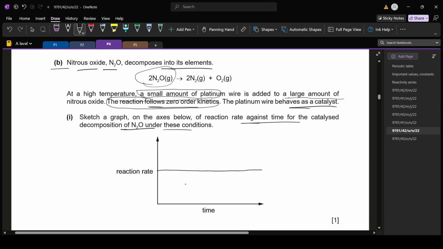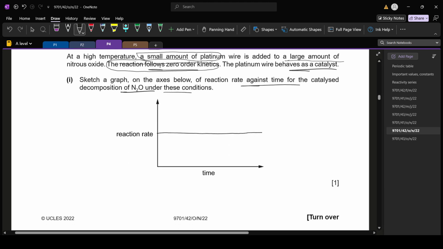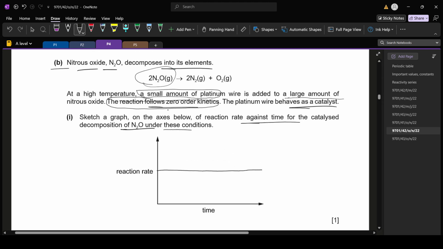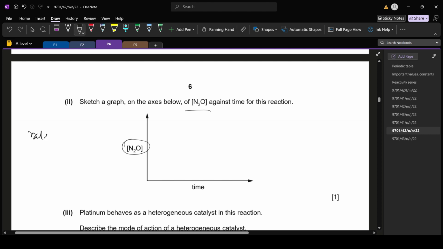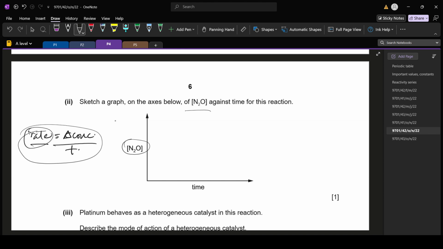You can see that nitrous oxide has no effect on the rate. Rate does not change, and rate is change in concentration over time. So the rate will be constant, which means the gradient of this graph, which is the rate, will also be constant.